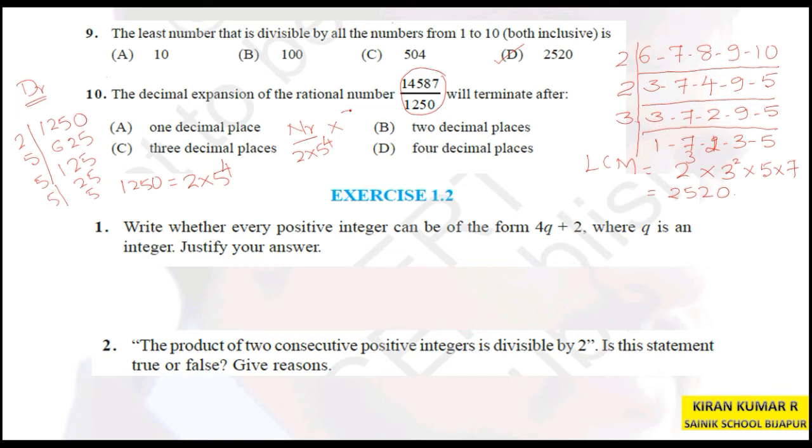Let me multiply and divide by 2 cube so that this denominator is the product of tens, and the denominator becomes 10 raised to the power 4, with numerator into 2 cube. So after 4 decimal places it terminates.